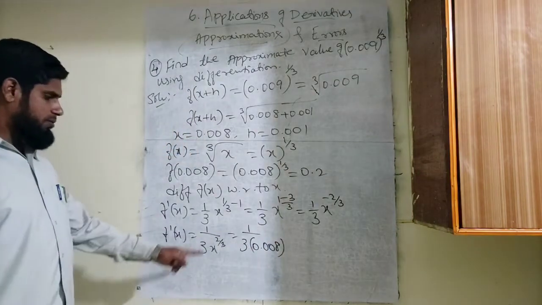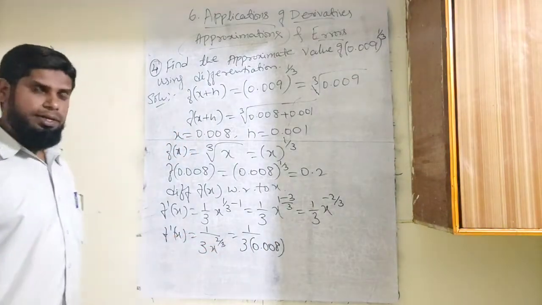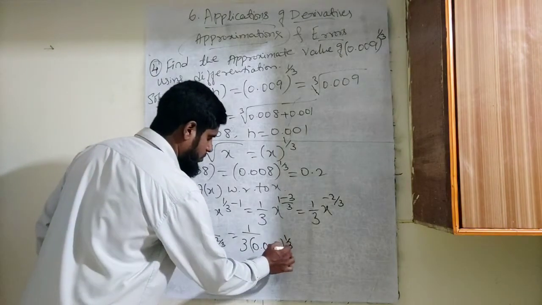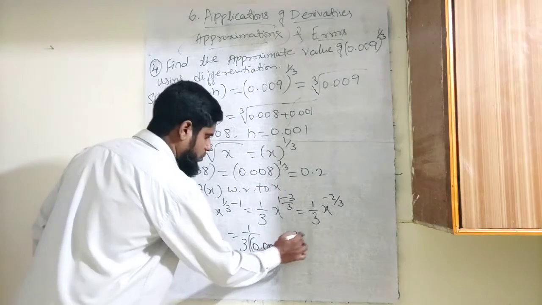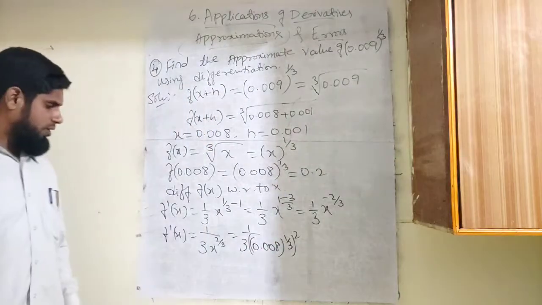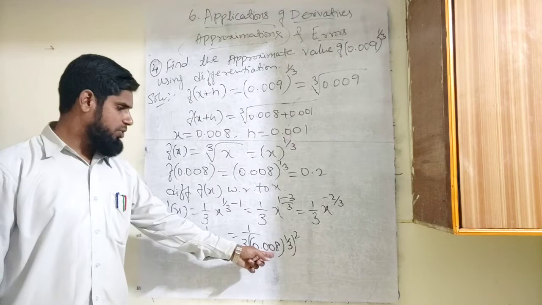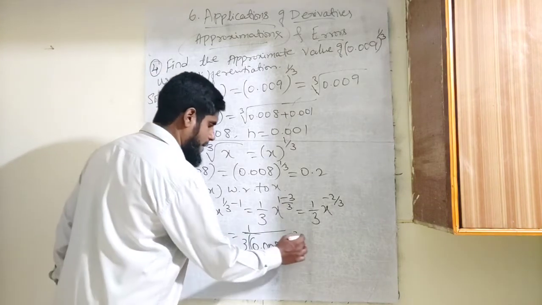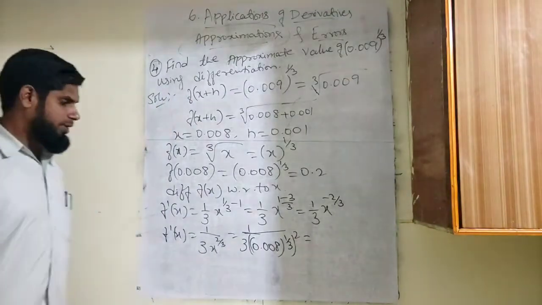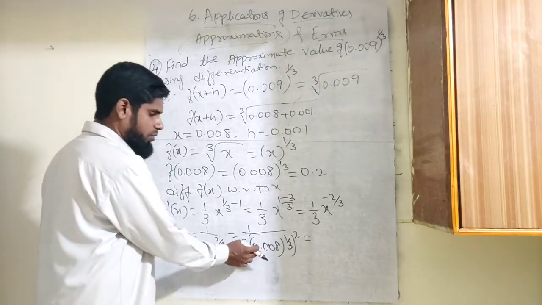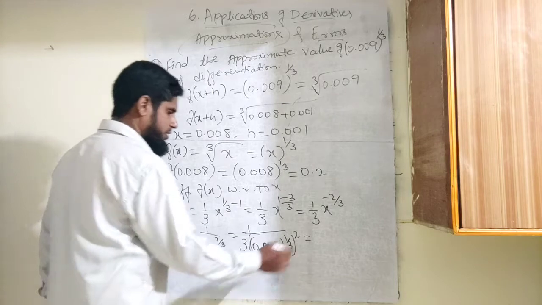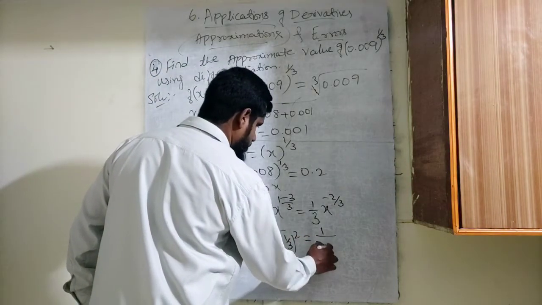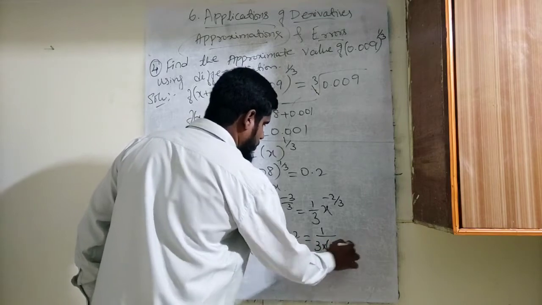And since here power 2 by 3 can be written as 1 by 3 into the cube root of 0.008 whole square, this can also be written as 1 divided by 3 into (0.2) whole square.